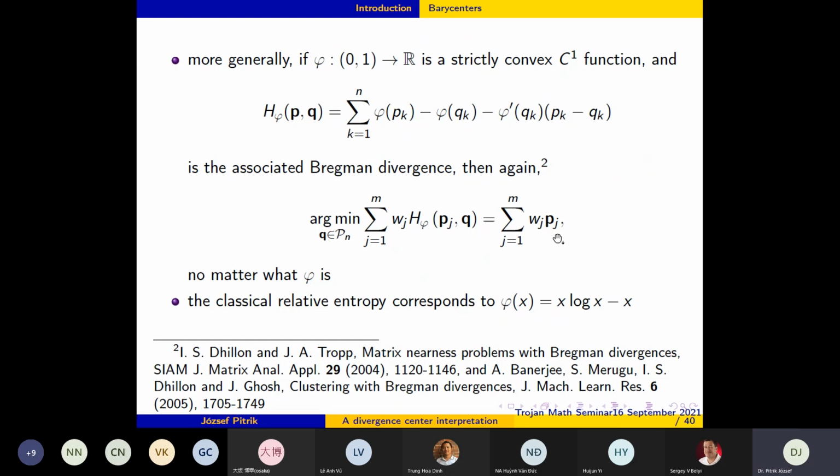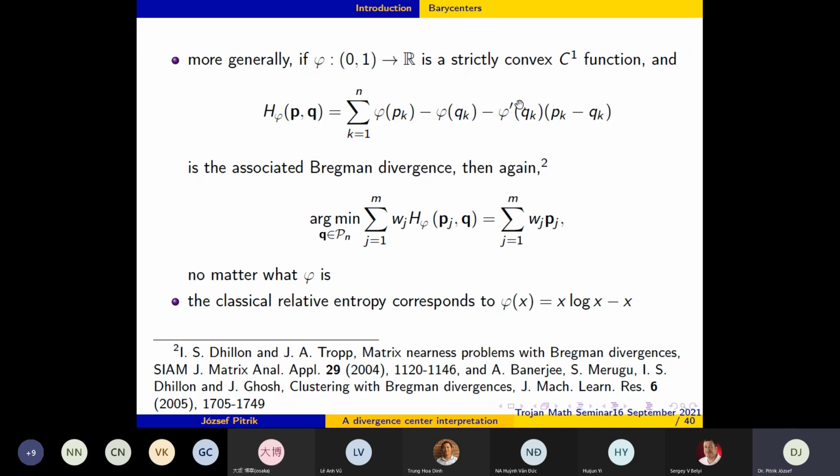Now we can generalize this divergence in the following way. If we have a strictly convex smooth function phi from the interval (0, 1) to R, we can define the so-called Bregman divergence.